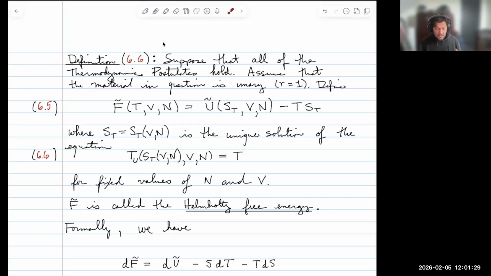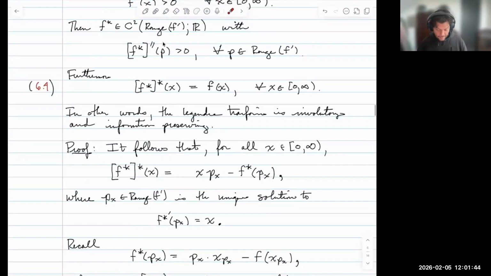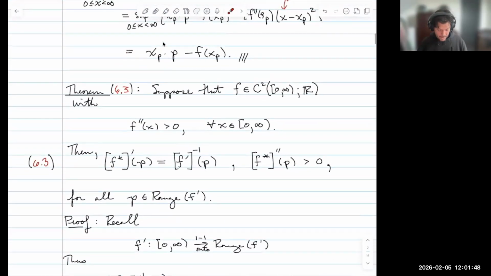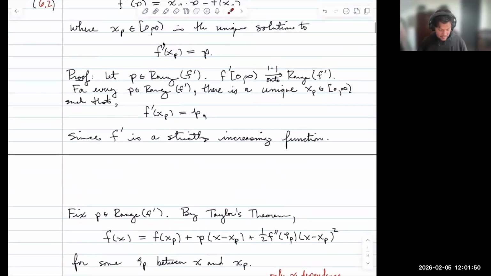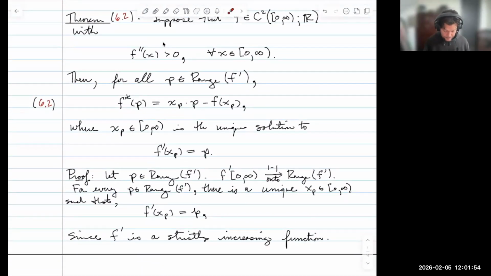Now, I'm going to use a Legendre transform. It's in a slightly different form than we had above. It's basically minus the Legendre transform. So let's go to what we had above. And what's important is the second formula, this guy here.